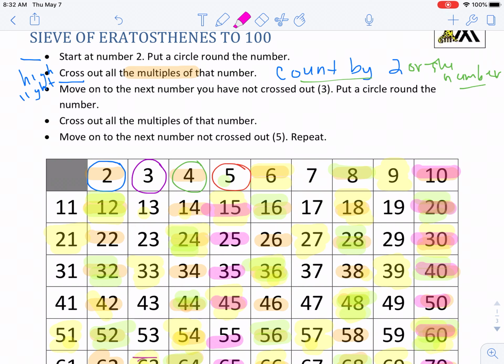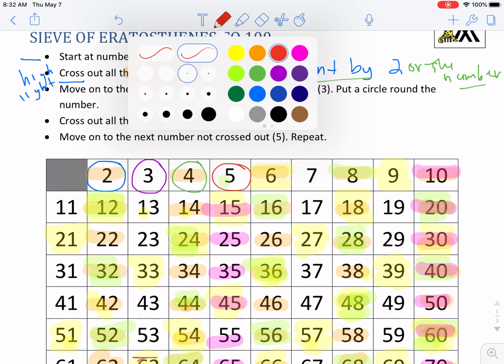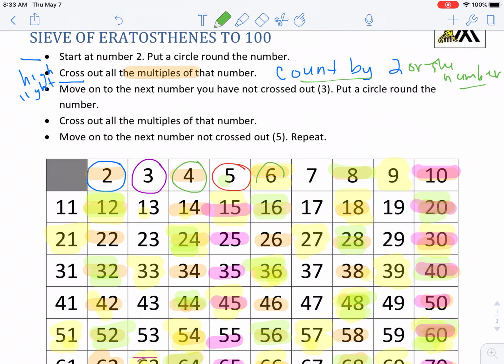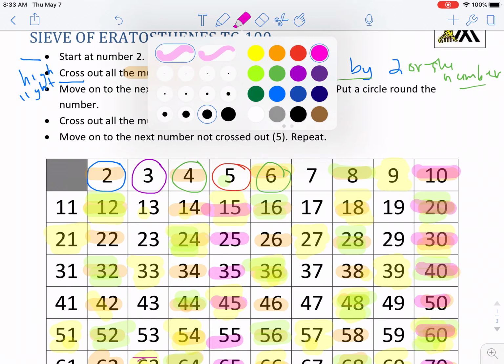Then we go on to 6. So we're going to count by 6. I'm going to choose a different highlighter color. Let's use blue.